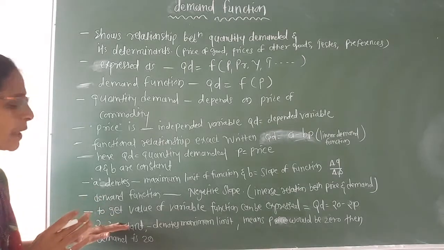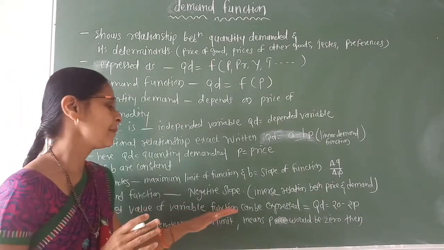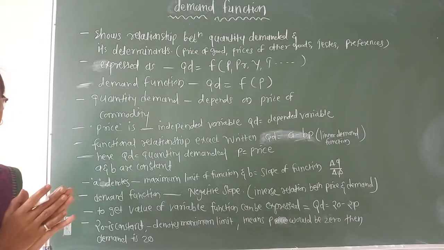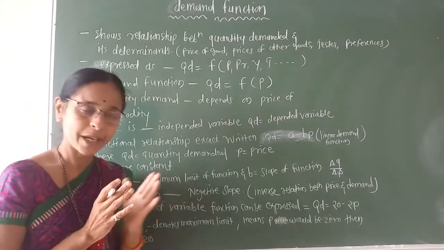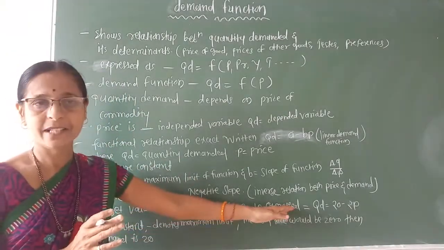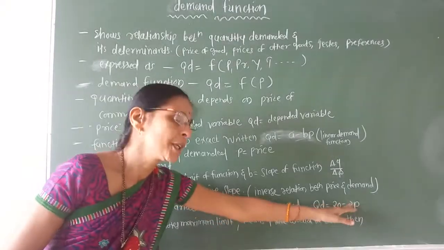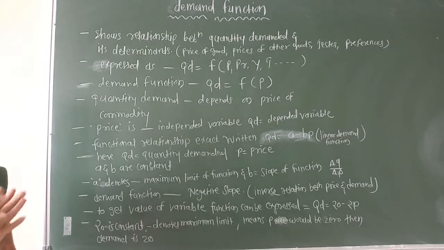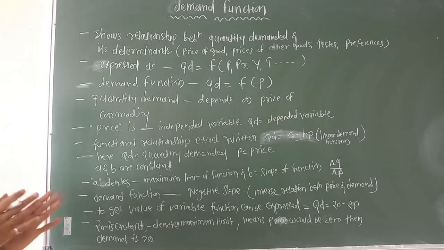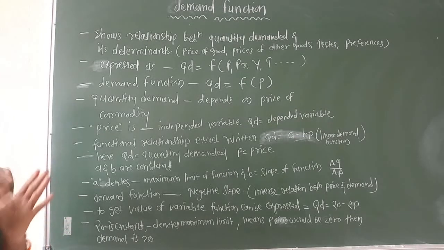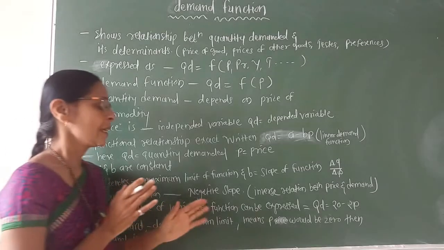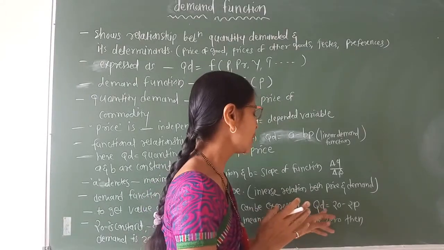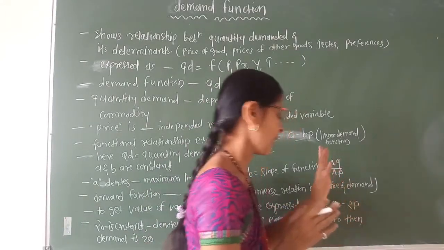If we want to express a changing function, it can be written as QD is equal to 20 minus 2P.